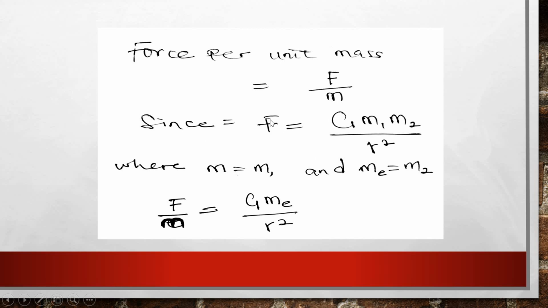So if we have F as being equal to G m1 m2 over r squared, once we divide both sides by m, if the m that we're talking about is equal to m1, and Me is equal to m2, we would have it that F over m is equal to GMe over r squared, because when you divide by m1 here, they will cancel out, and you'll be having this alone left in the equation. So force per unit mass is given by GMe over r squared if we are talking about the earth.